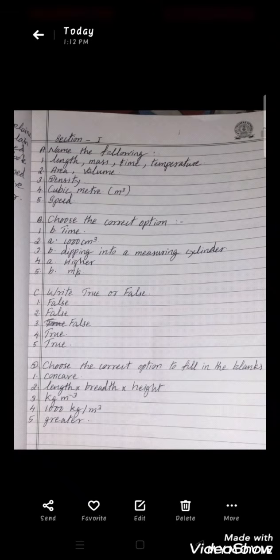Then number 3, number C, write true or false. The number 1, physics is a subject that deals with quantities that cannot be measured. The answer is it is a false statement. The number 2, only solids have volume.